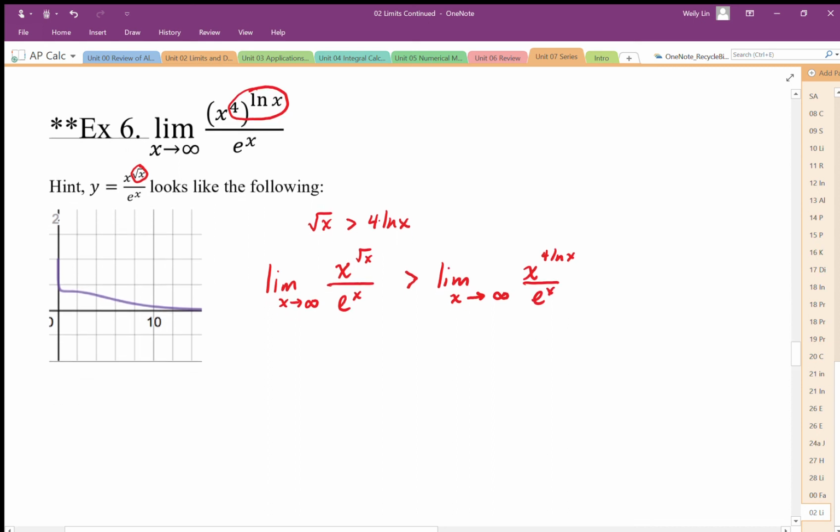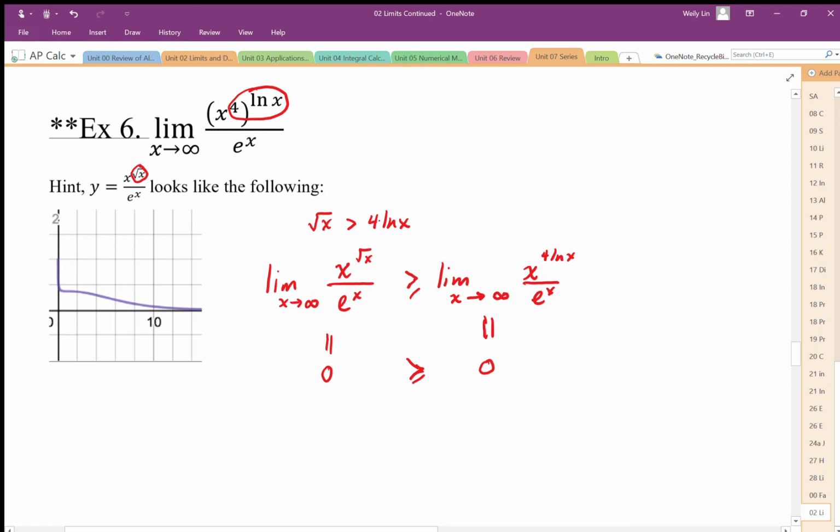This limit is equal to 0, so the other must be greater than or equal to 0, like that, and so it's going to be equal to 0.